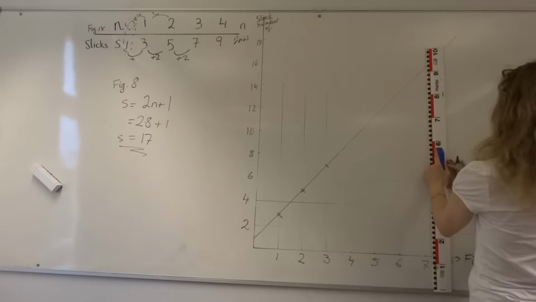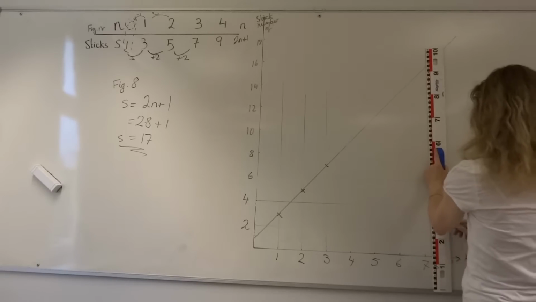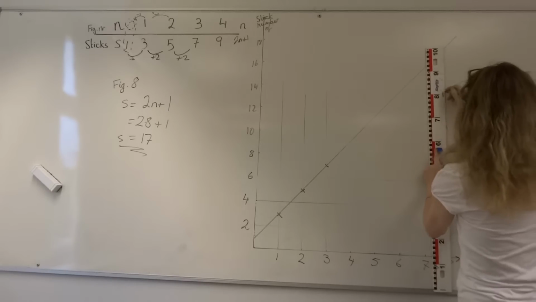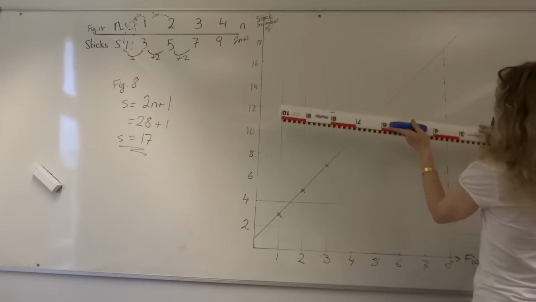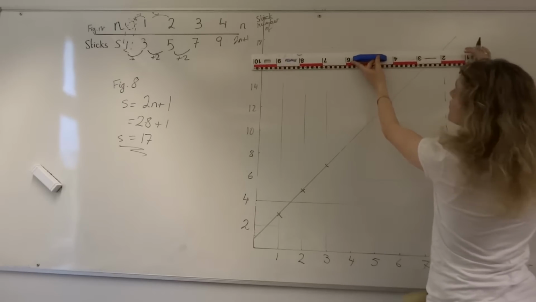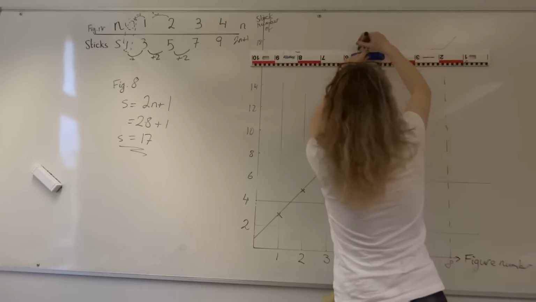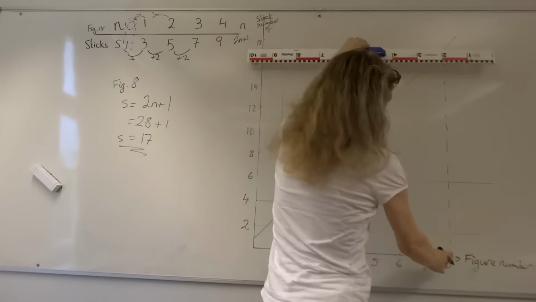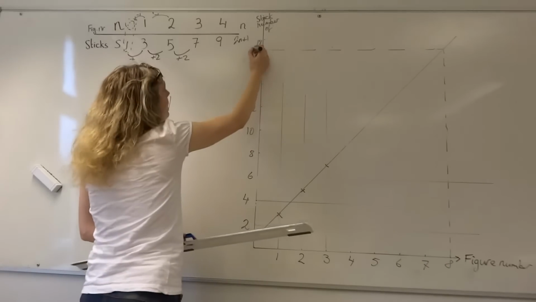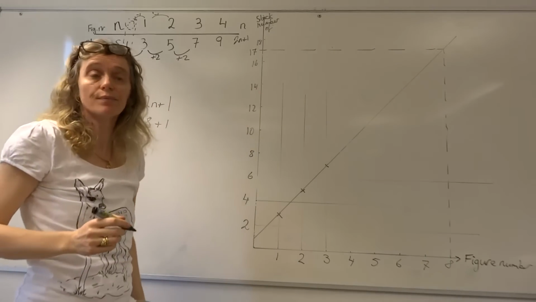And if we're going to work out graphically what is the number of sticks using our graph, we actually go up figure number 8 and then we go across. At figure number 8 we can read off that there would be 17 sticks.